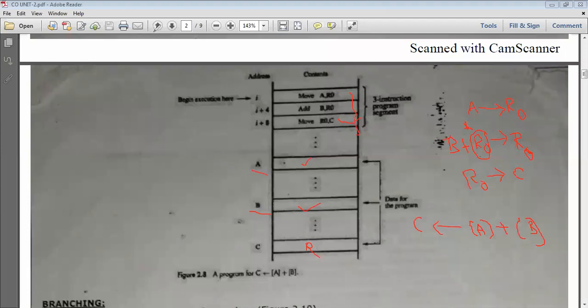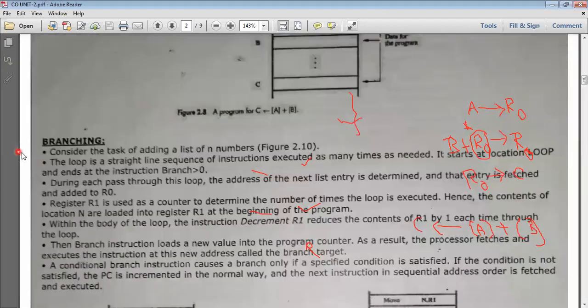Okay, next see the branching. What is meant by branching? Branching is nothing but like a loop. Why do we use loops in C language? Do you remember? What are the loops used in C language? For loop, while loop, do while loop.